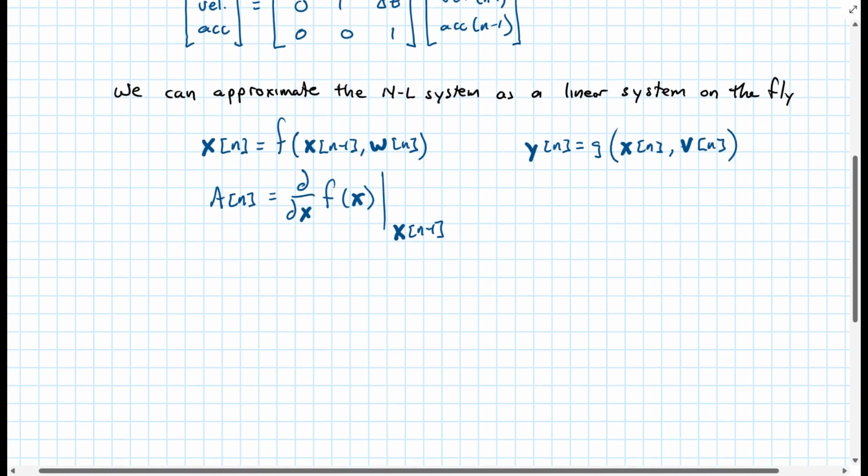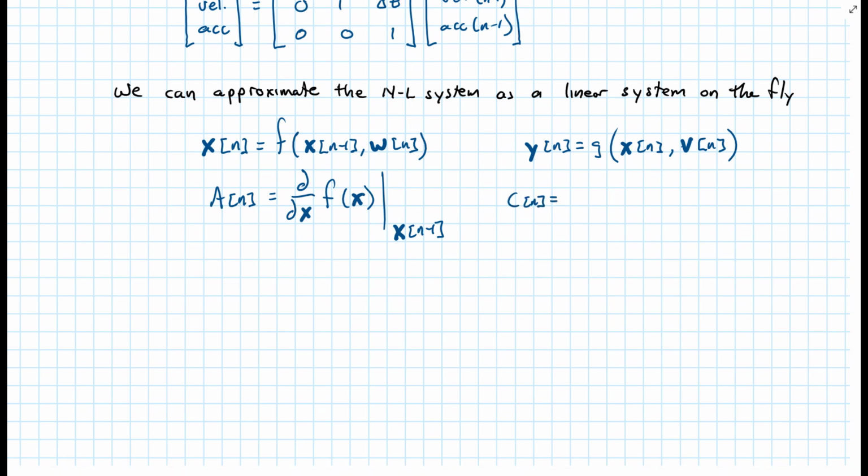And we'll do the same thing, of course, for C. So we would have C of n is the derivative with respect to x of our g of x. It may also be a function of v, but we're only taking the derivative with respect to x. And in this case, we evaluate it at the predicted x of n. Okay, so A and C are now dependent on x of n and on time.